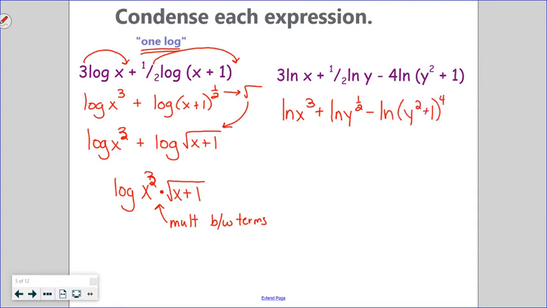So the y to the 1/2, I'd make that the square root. Anything with a positive goes to our numerator. Anything with a negative goes to our denominator.